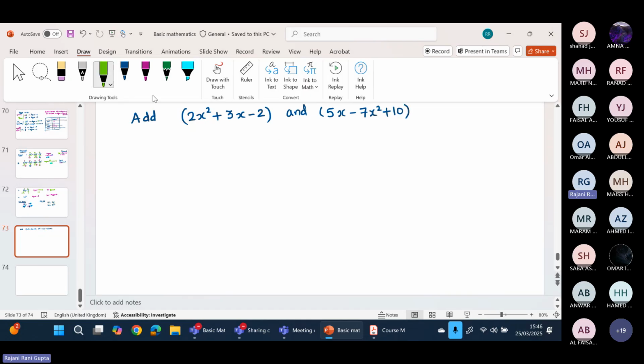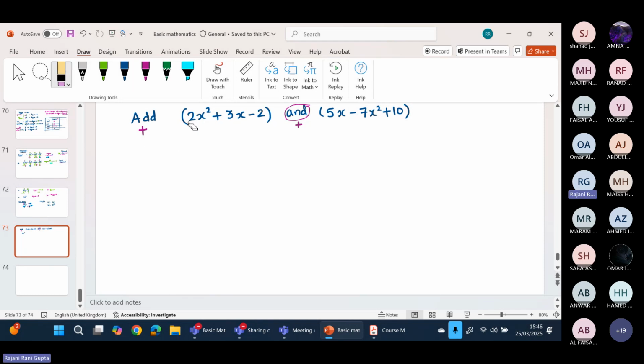So in place of add, just write plus, and write it like you have the question: 2x square.